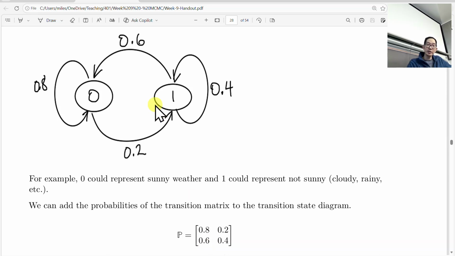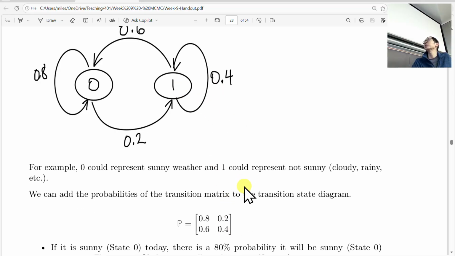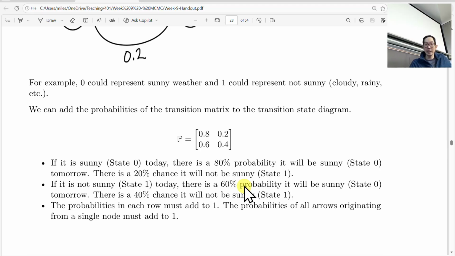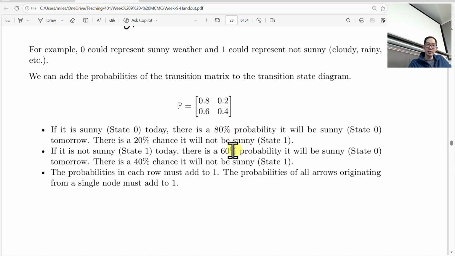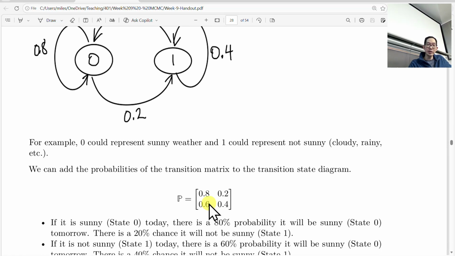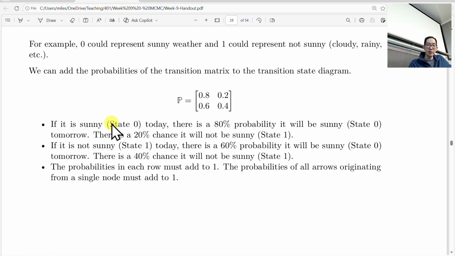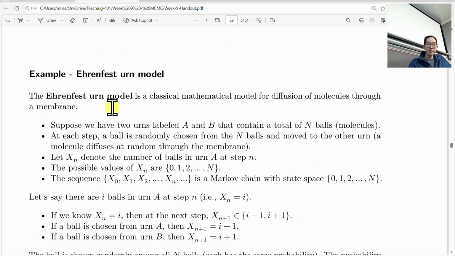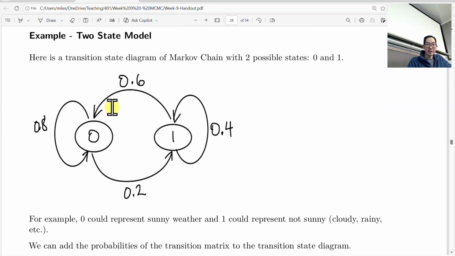P10 is the probability of starting at 1 and going to 0. P11 is 0.4, the probability of starting at 1 and ending up at 1. And we see each row adds up to 1. All the arrows coming out of a node add up to 1. So that's a very simple model.